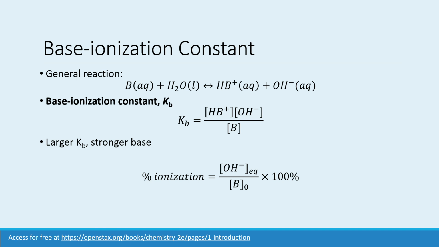Okay, very quickly, base ionization is going to be very similar. We've got the general reaction here of B, which represents our weak base, of course. And dissolve that in water. And then on the other side, we get the conjugate weak acid.